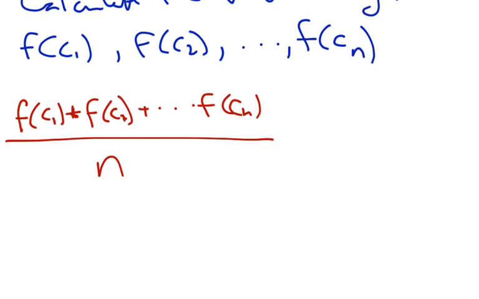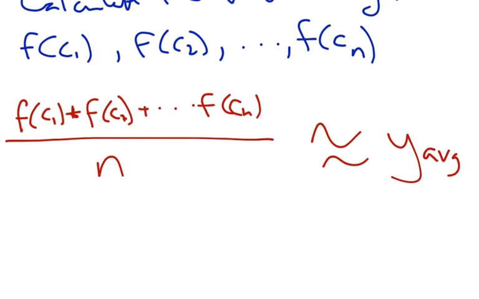Okay. So we just generated the average. And this would be an approximation to the average value of y. Not necessarily a very good approximation, depends how big n is. It could be really good, could be not so good. But we'll make it better by choosing more and more n.